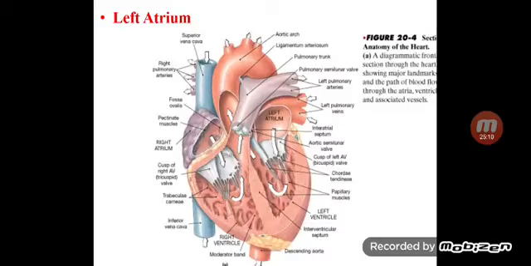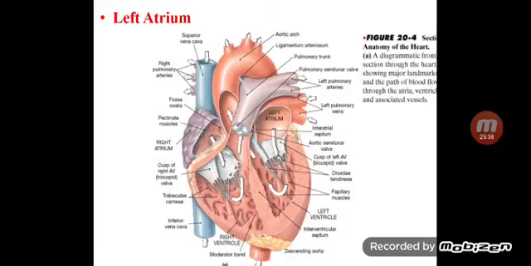The left atrium. The left atrium is similar to the right atrium, meaning the thickness of the wall is the same. But the interior of the left atrium is smooth.